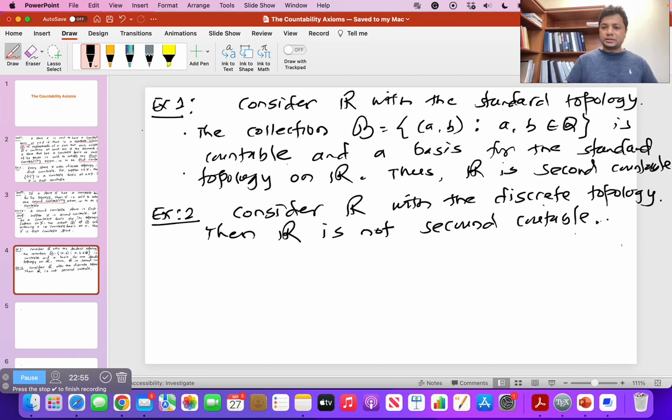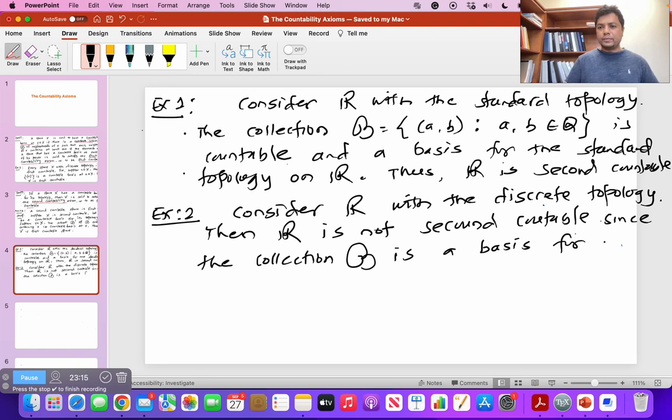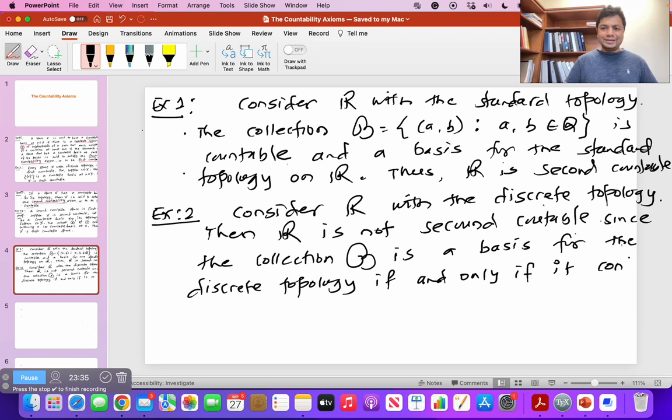Then R is not second countable because the collection script B is a basis for the discrete topology if and only if that collection script B contains all singleton sets.